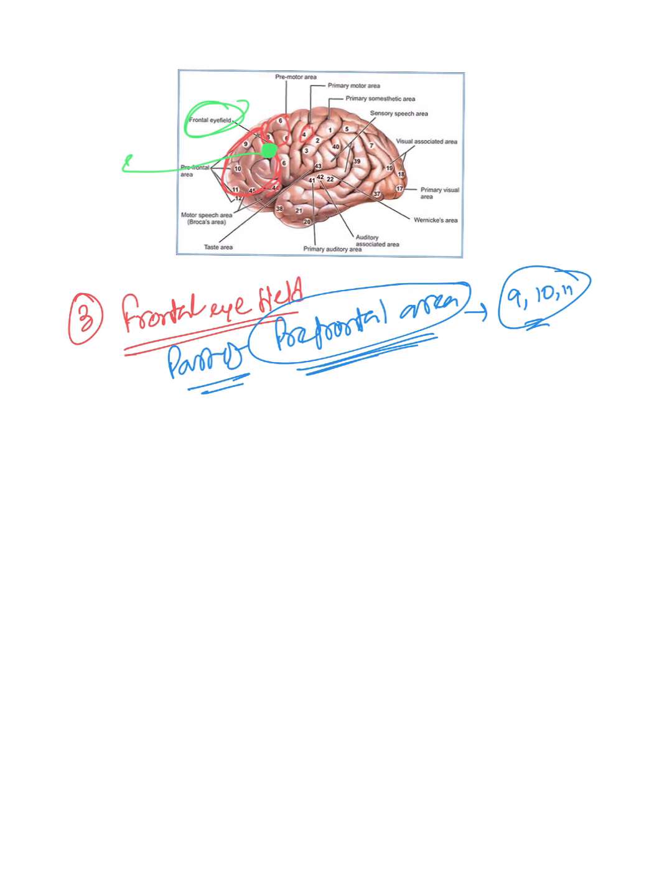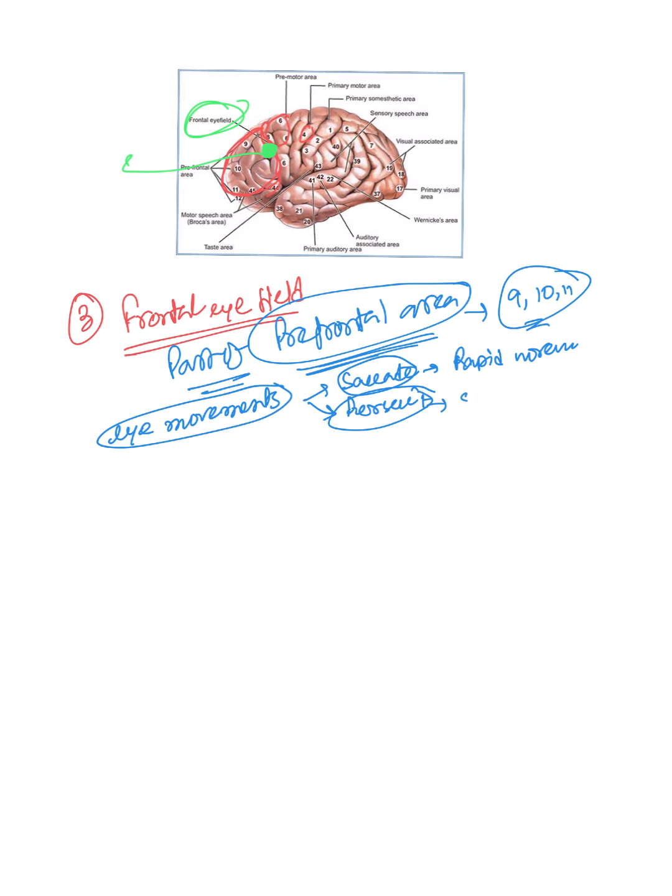As far as horizontal eye movements are concerned, there are two movements. One is saccade and the other is pursuit. Saccade movement is the rapid movement and pursuit is the slow movement.